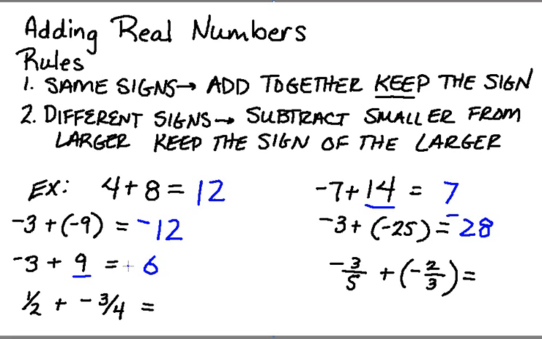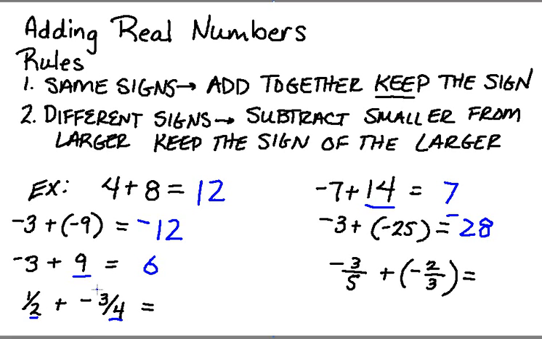Okay, and now I have two fraction examples. And once again, here I've got a positive and a negative, so I'm going to subtract the smaller from the larger and keep the sign of the larger. However, in this case, when I add and or subtract fractions, I have to find a common denominator. So I'm looking for the smallest number that both 2 and 4 go into.